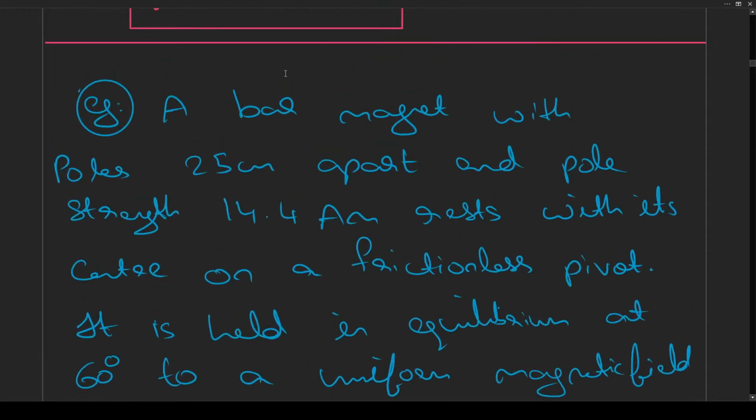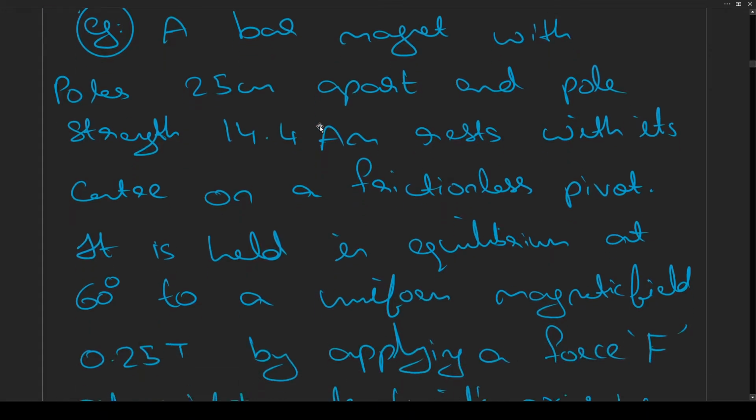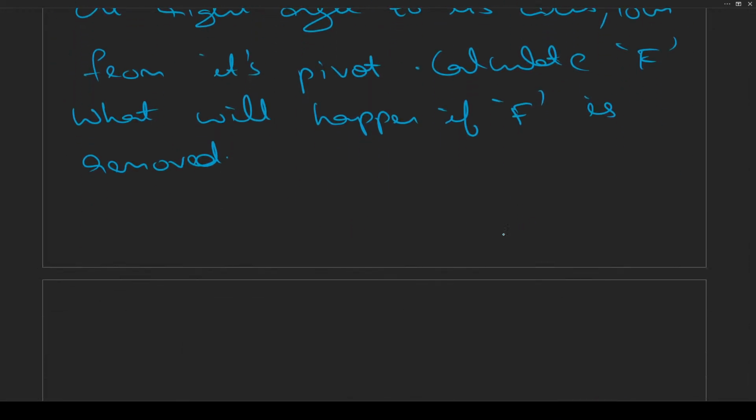They're saying that a bar magnet with poles 25 centimeter apart and pole strength 14.4 ampere meter rests with its center on a frictionless pivot. Okay, there's a 25 centimeter long magnet with a pole strength of 14.4 ampere meter, resting on a frictionless pivot, something like this.